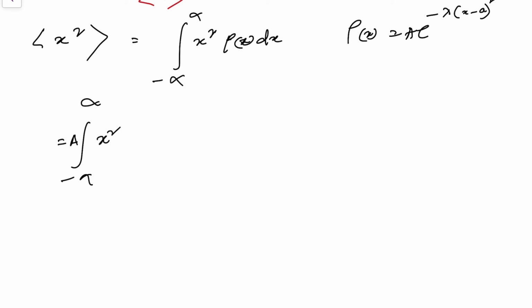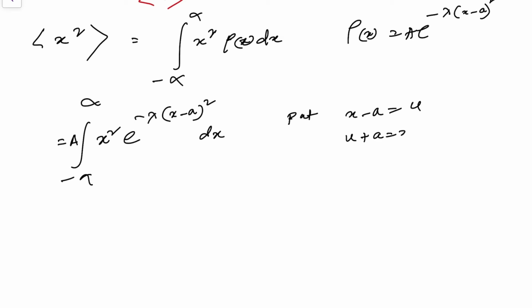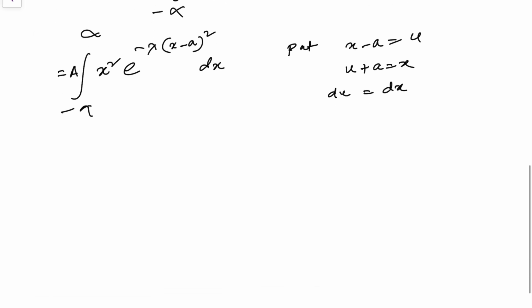Let's keep the a outside as it is a constant, x square e to the power minus lambda (x minus a) whole square dx. If you put x minus a equal to u, then x is equal to u plus a, and du equals dx.